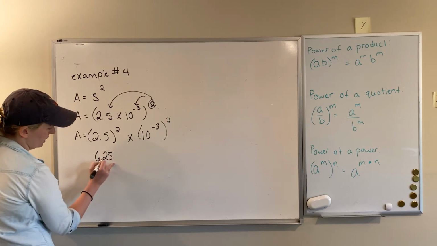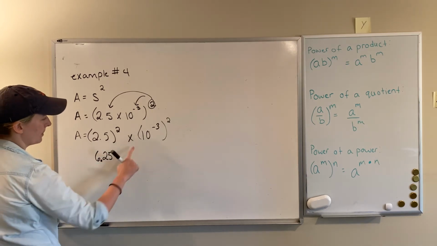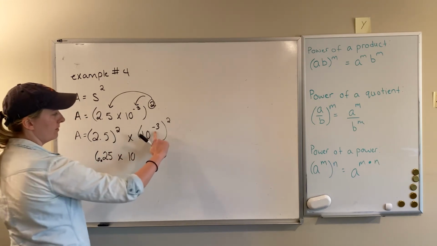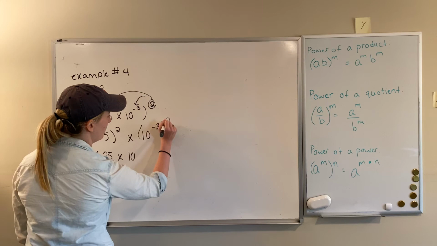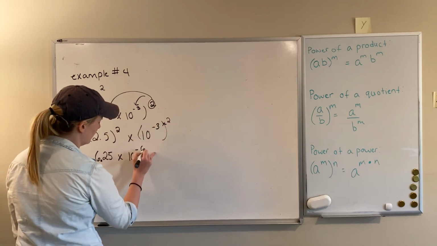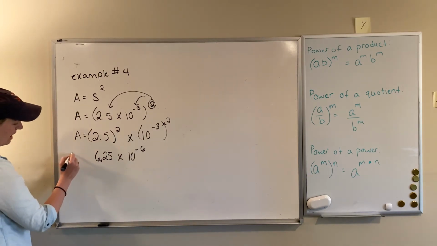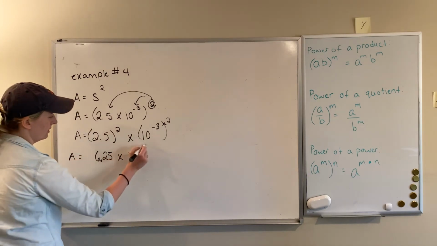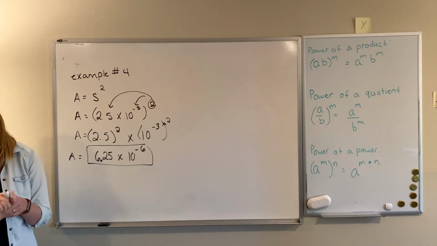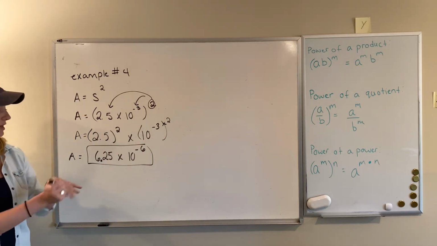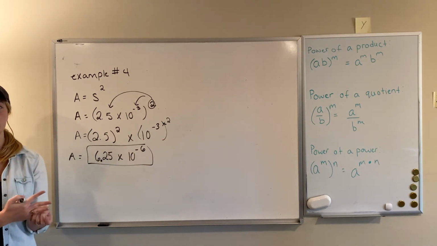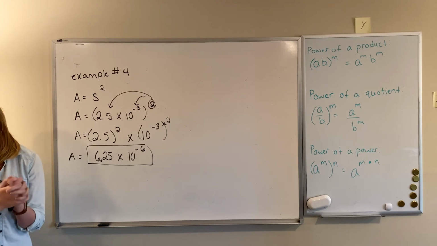Put in your decimal point and you get 6.25 times 10, power of a power, so 10 raised to the negative 3 times 2, which is negative 6. So the area of this book is equal to 6.25 times 10 to the negative 6. You don't have to worry about the fact that this exponent is negative because we're talking about actual dimensions, measurements, and so we're good to leave it negative.